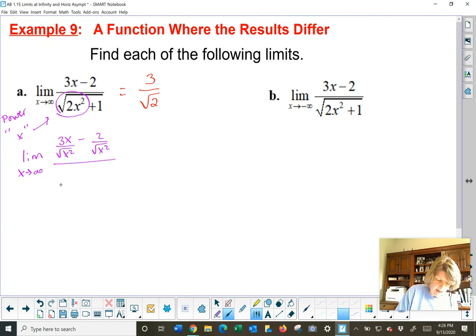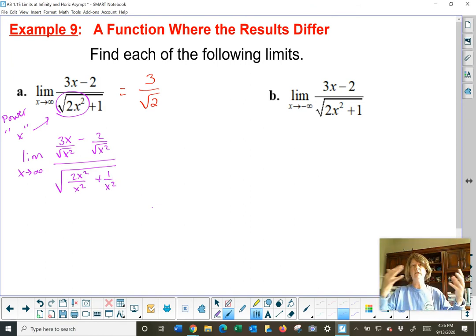And then on the denominator, I've got the big square root. I've got 2x squared over an x squared plus a 1 over an x squared. And then it has the big square root outside of it. So it's really a square root of x squared on the bottom.